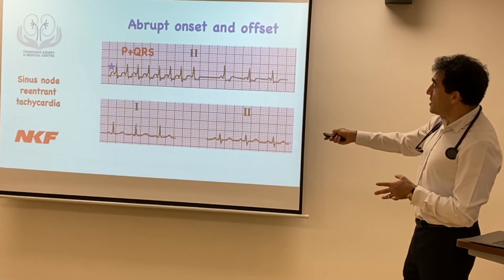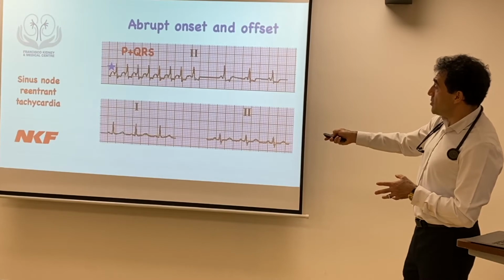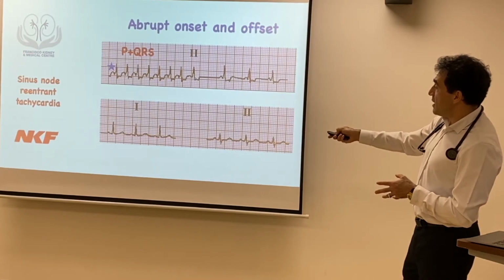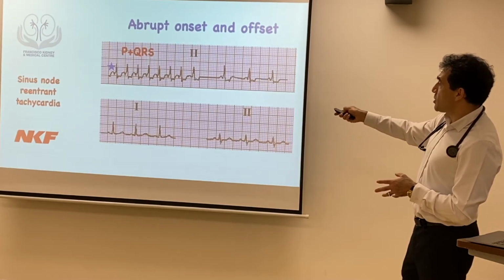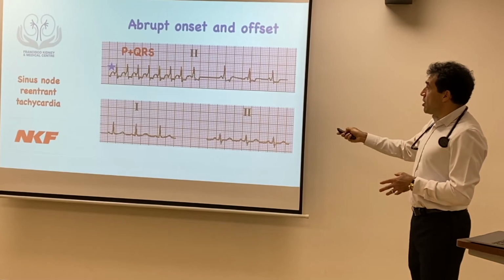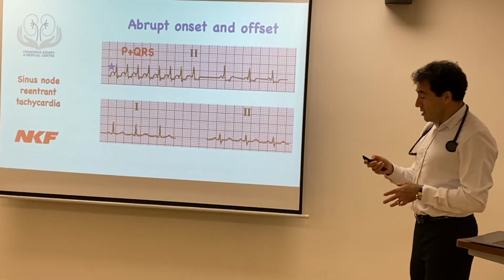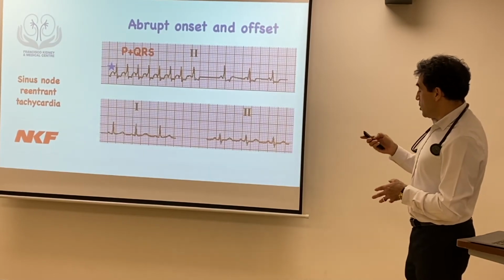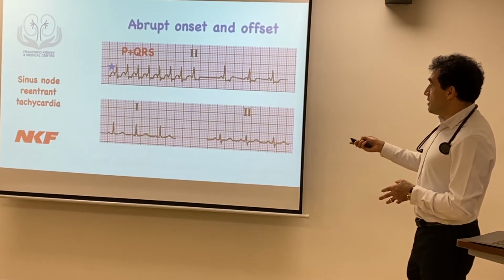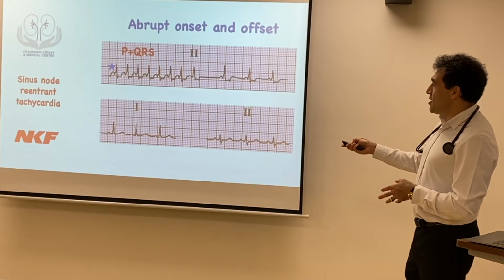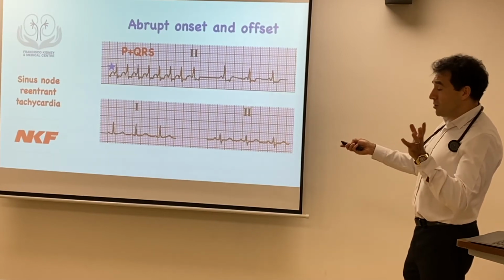So you can see here there is the P wave, and it's a very fast activation, and the QRS complex, then again and again. This one is also characterized by abrupt onset and fast offset. But what you can see here is that the patient is tachycardic, and this one doesn't look quite normal.